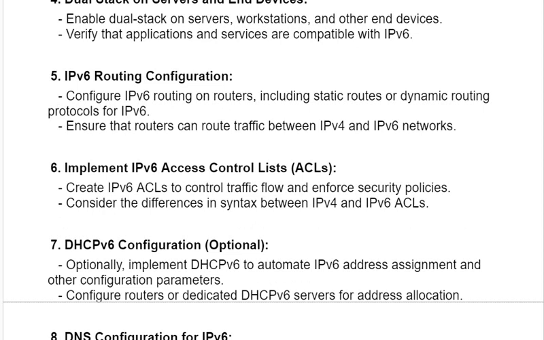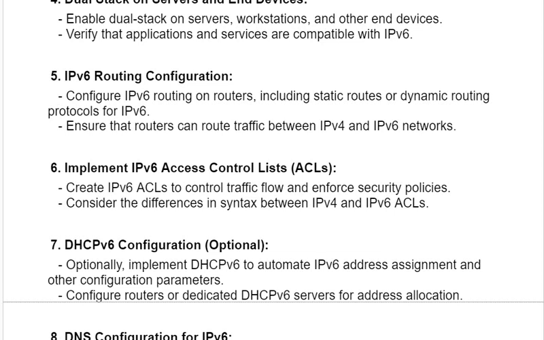Our fifth solution is IPv6 routing configuration. Configure IPv6 routing on routers, including static routes or dynamic routing protocols for IPv6. Ensure that routers can route traffic between IPv4 and IPv6 networks.